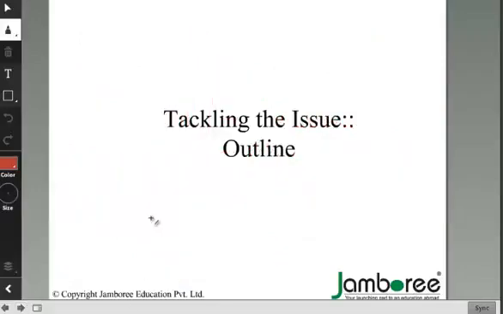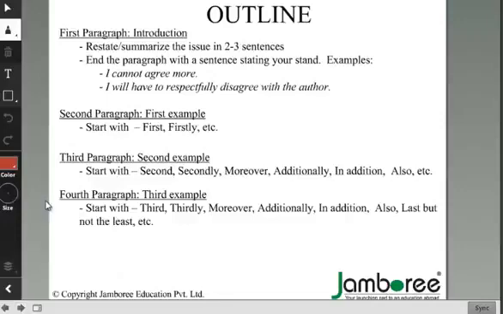Now some tips on, we talked about writing the outline. Remember that after you are done deciding what to write, you just write. The first paragraph should be an introduction where you restate or summarize the issue in 2-3 sentences, but do not use exactly the same words. Bring in a little bit of different vocabulary. Literally rewrite the topic, and then at the end of the paragraph, with a sentence, state your stand.